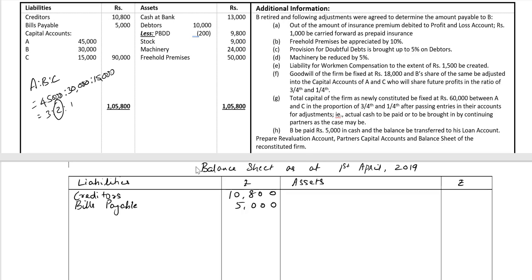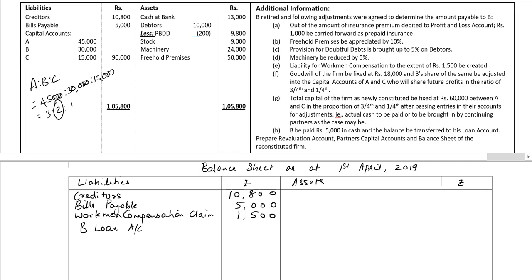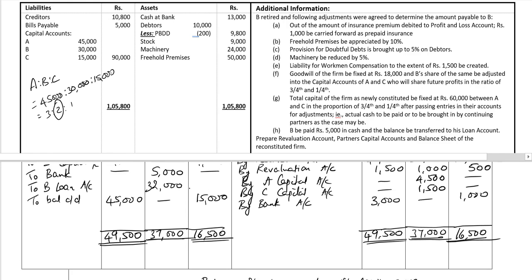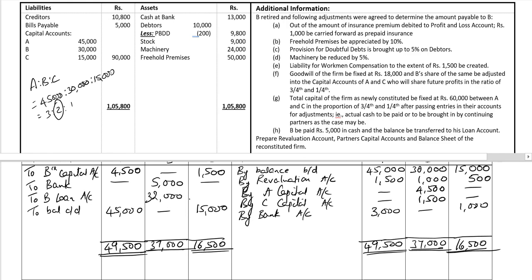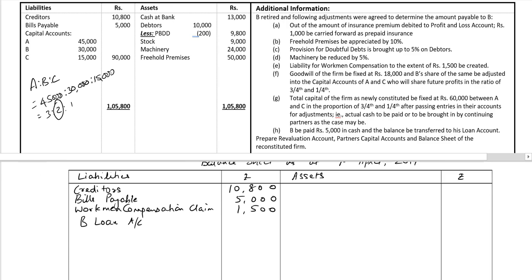Now, as per point E, there's a workman compensation claim of 1,500 which we created. So, workman compensation claim of 1,500. The retiring partner B's loan account. Amount of loan payable to partner B is 32,000 as per the capital accounts.